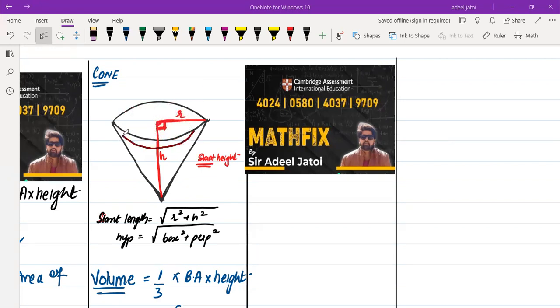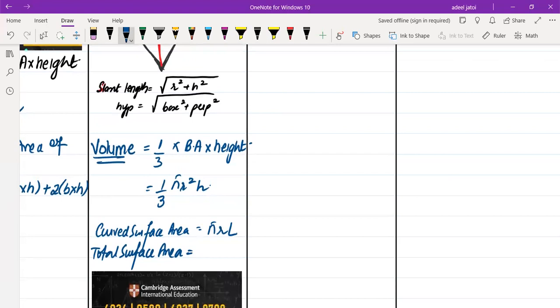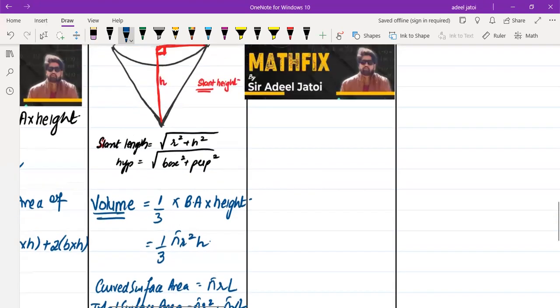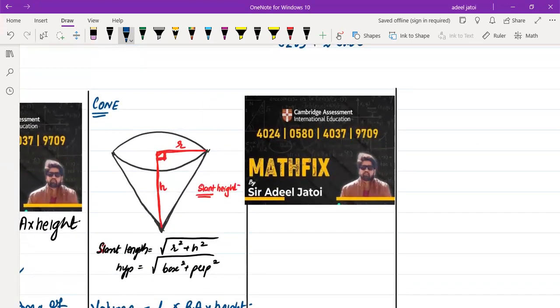But obviously the shape of the cone is through the curved surface area, and the curved surface area formula is pi r L. So the formula of the total surface area will become pi r square for the circle at the top, plus pi r L for the curved surface area of the given cone.